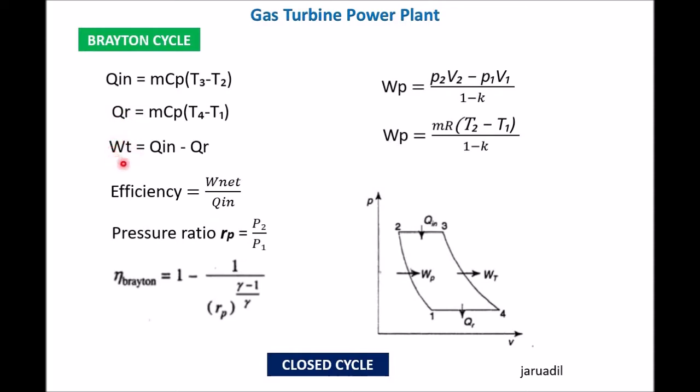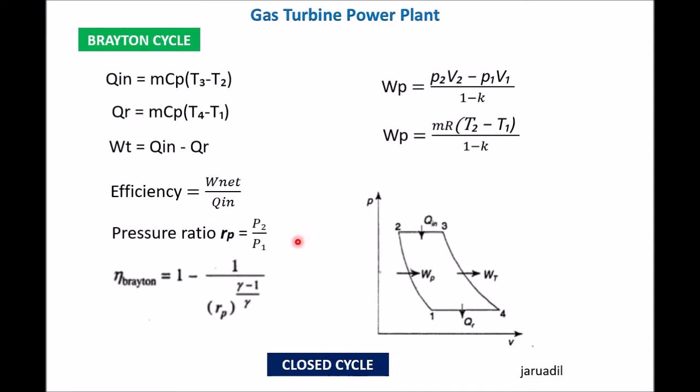This turbine work here is the gross work of the turbine because some parts of the work of the turbine go to the generation of power if it is used in a power plant, and some work of the turbine is being utilized by the compression of the air from 1 to 2.